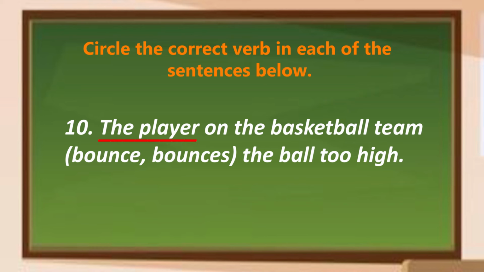The complete subject of this sentence is the player, and it is singular. Therefore, it must be followed by a singular verb, and that verb is bounces. Let's read the sentence as a whole. The player on the basketball team bounces the ball too high.